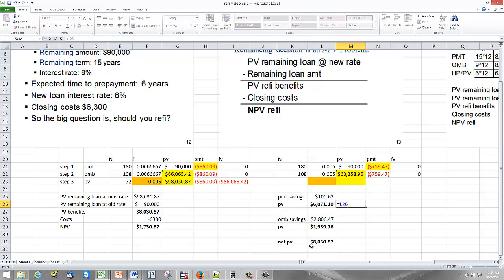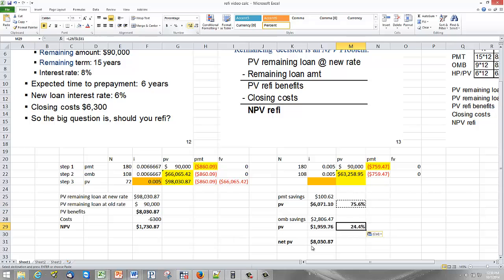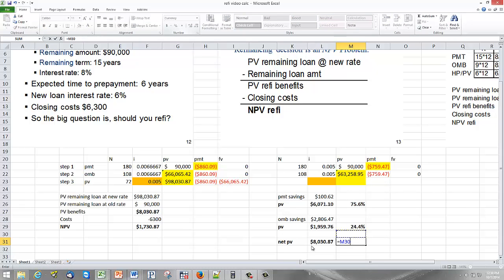And now we can take these as a percentage of the NPV to get an idea of how much each is. That's looking like about 75.6%, and I can copy this down, 24.4%. To make sure I did it correctly, these two should sum up to 100%.